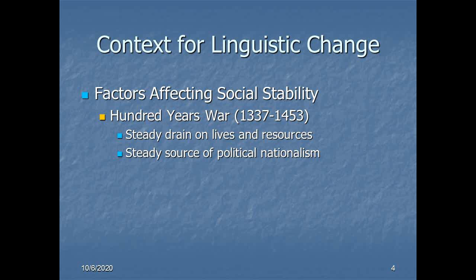And what we see in the 14th century is, I think, a healthy self-assertion, and this is definitely reflected in the language.